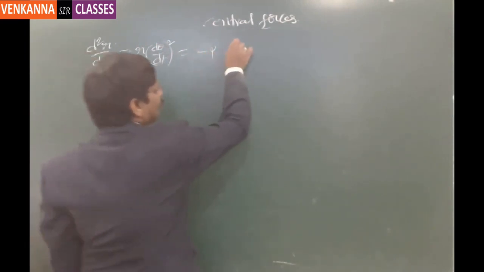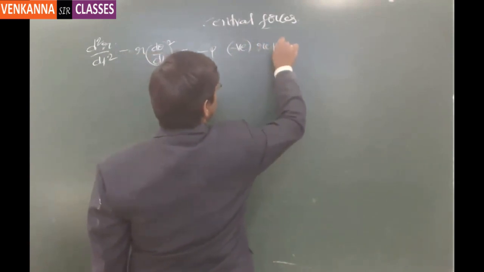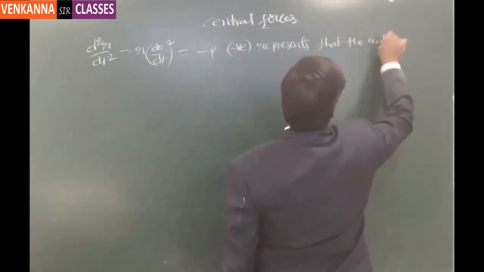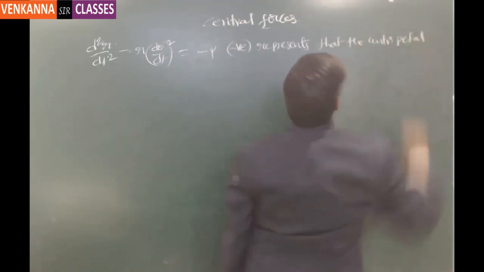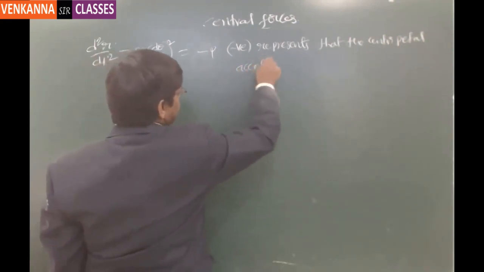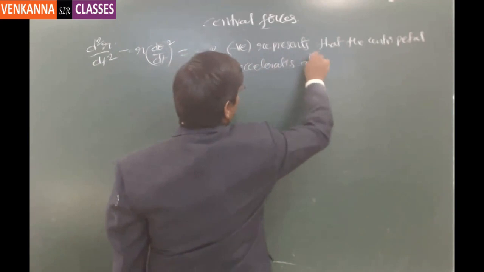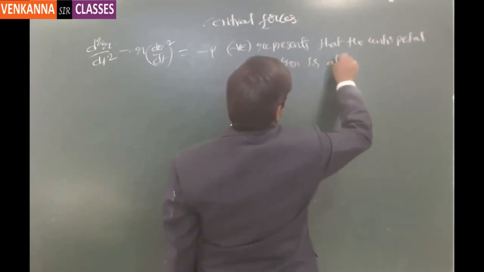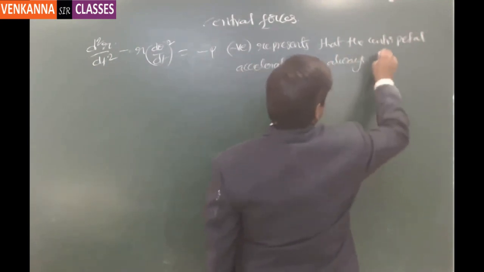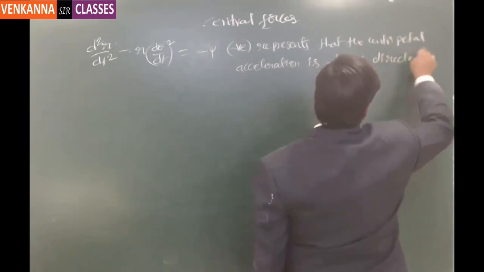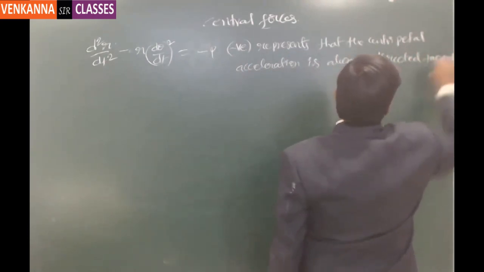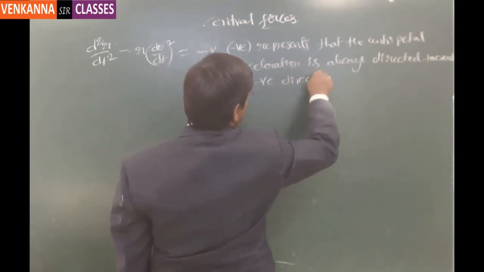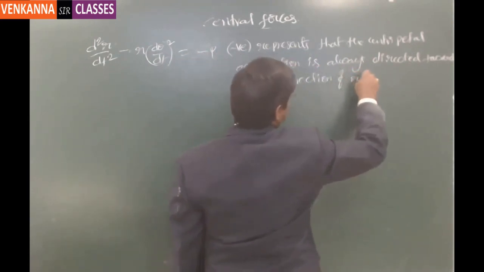So this minus sign represents that the centripetal acceleration is always directed towards the negative direction of the radial vector.